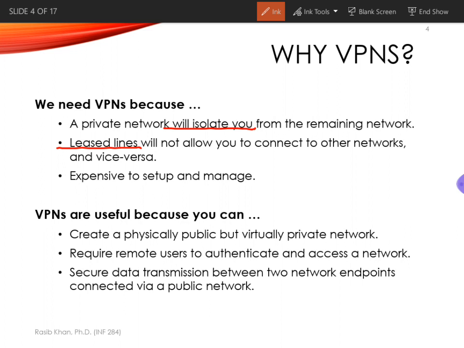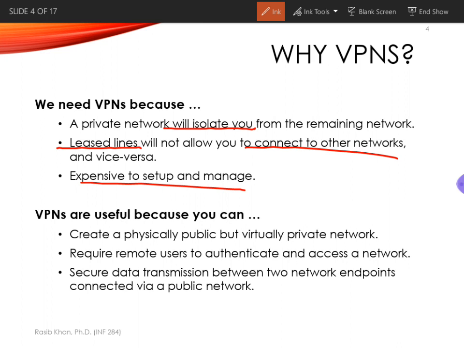However, they are a bit more expensive because you are actually leasing a physical component of the network, and it is an individual connection which allows only two parties to connect. Even though it is very secure, first of all, it is more expensive, and also it doesn't allow us to connect to other networks if we want to. And it's more expensive to set up and manage in the long run.